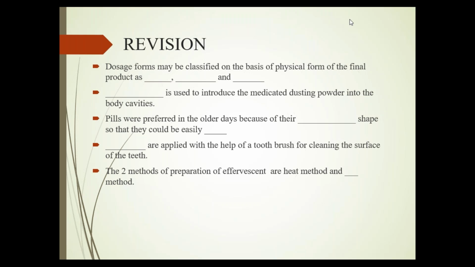The next question: dash are applied with the help of a toothbrush for cleaning the surface of the teeth. What was applied? Dentifrices, or they are also known as tooth powder, right?